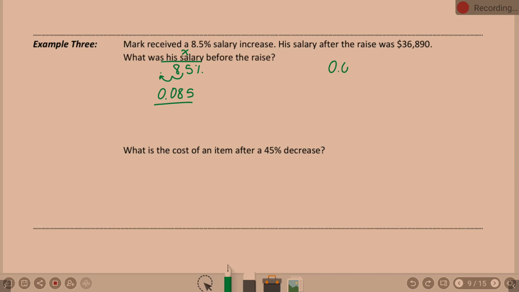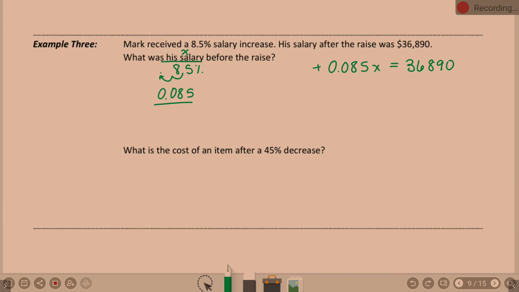Closer. If we do 0.085 times x, that is 8.5% of his original salary. Is 8.5% of his original salary just going to equal his new salary? No. What do you have to do? Add it to, plus x.